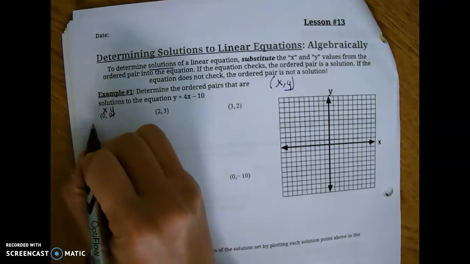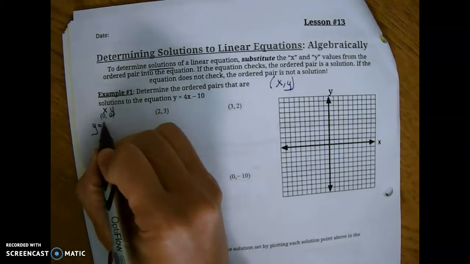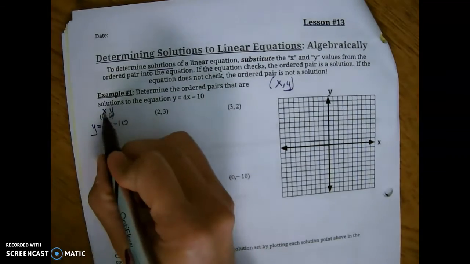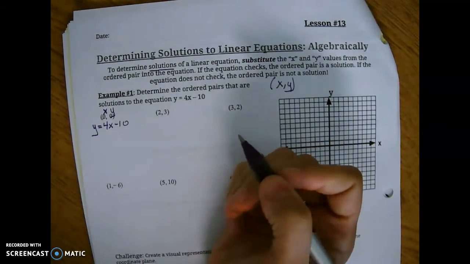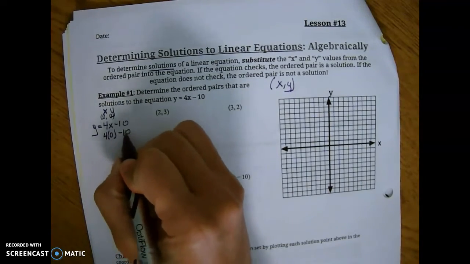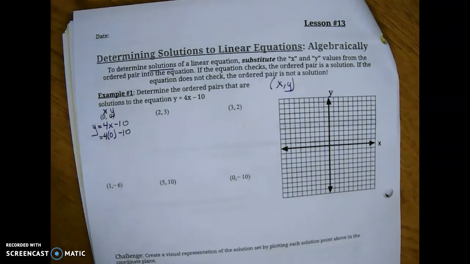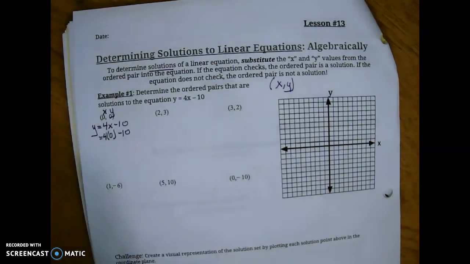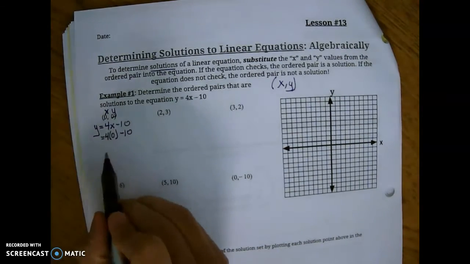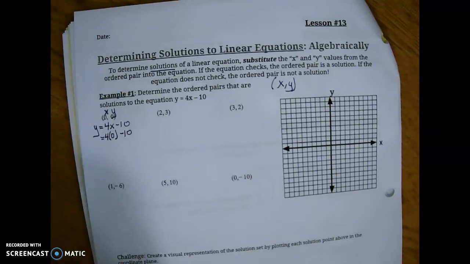Okay, so I'm going to rewrite my equation first, y equals 4x minus 10. And in place of the x, I'm going to put the number 0. So 4 times 0 minus 10. So I'm checking that input to see if I get the given output. Remember from lesson number 10, we talked about x being the input or the domain, and y being the output or the range.